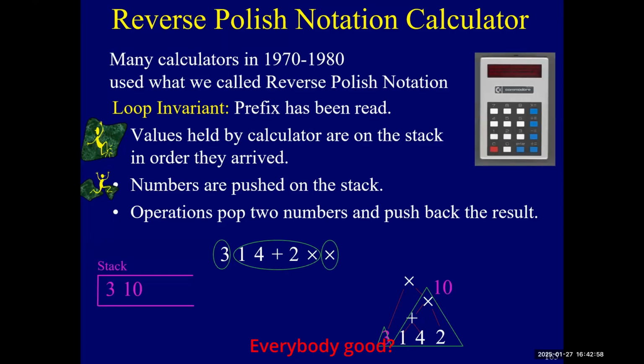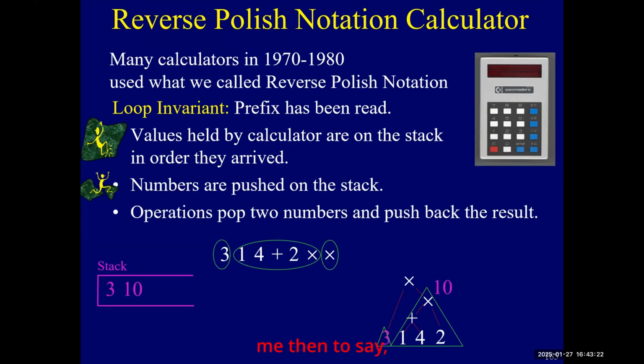All right, everybody good? So you can see what I was doing here was jumping. I know that I'm reading the left tree in. So what do I want the loop invariant to be? I read in the right tree. What do I want the loop invariant to be? I read in the times. What do I want the loop invariant to be? So I'm sort of building up the loop invariant conceptually, right?